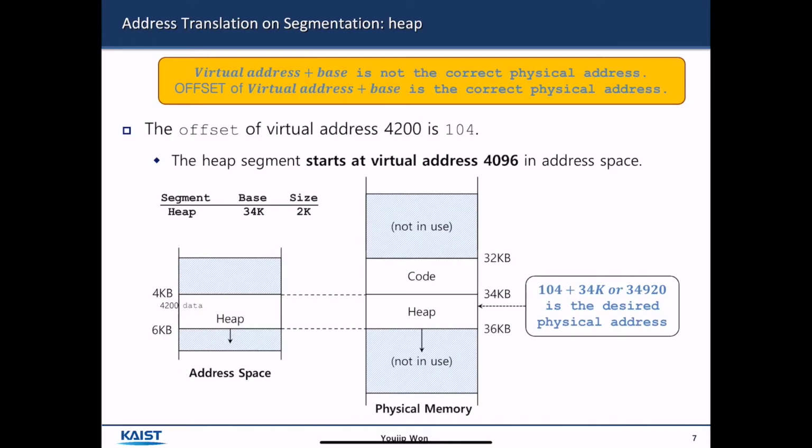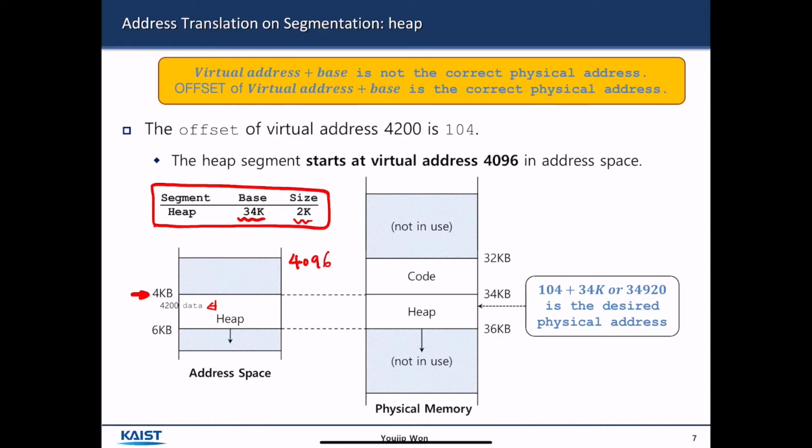Second is the address translation on the heap. According to our segment allocation table, the base address of the heap is 34K and the size is 2 kilobytes. And we are trying to load the data at 4200. The heap starts at 4 kilobytes, which is 4096.